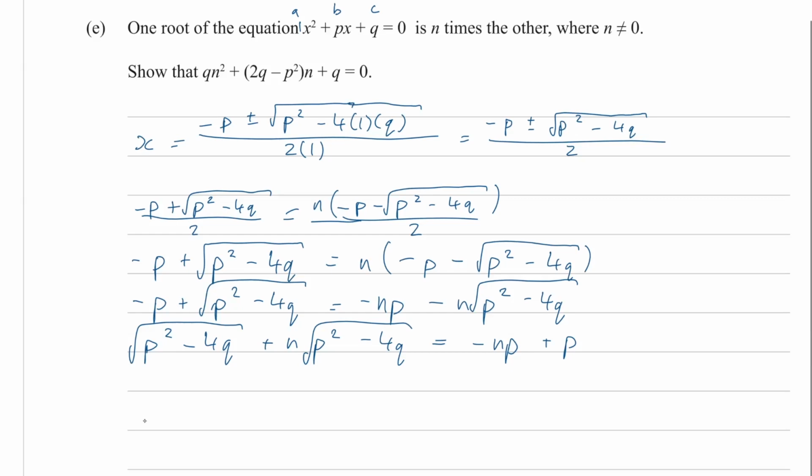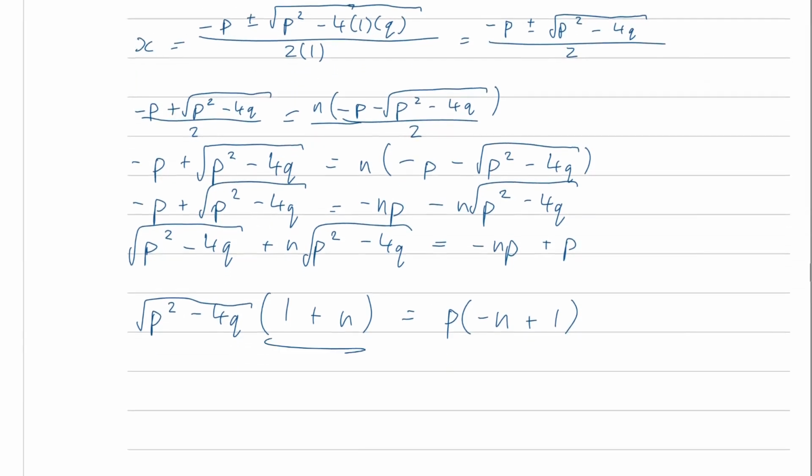So we could write the square root of p squared minus 4q, and then we're left with 1 plus n, equals, and on the right side we might as well factorize this too, p minus np, which is p times 1 minus n. Now we can divide both sides by 1 plus n. So the square root of p squared minus 4q equals p times 1 minus n over 1 plus n.